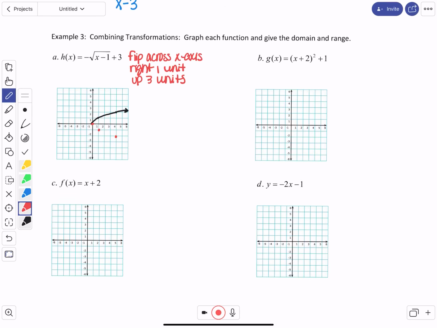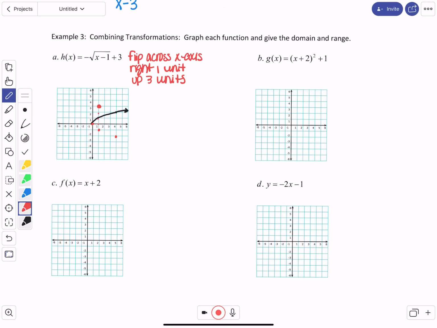Let me zoom in real quick. So if we go right 1 and up 3, let's see, right 1, up 1, 2, 3, puts us there.